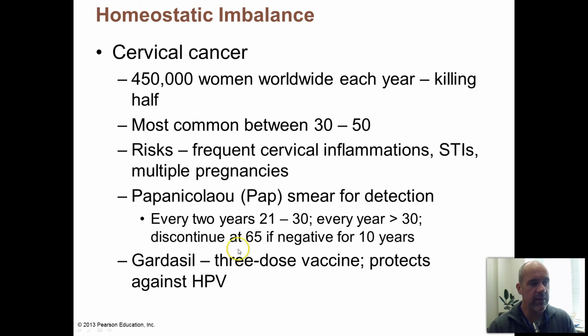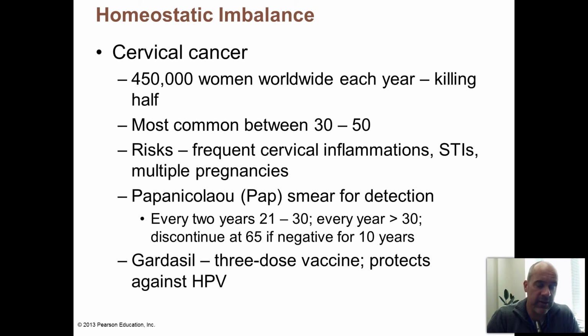And pretty recently, vaccines have become available. Gardasil is one of them that can be used to help prevent infections with HPV. That stands for human papilloma virus. And these cause genital warts. And there are some strains of HPV that down the road can trigger cervical cells to become cancerous and develop into cervical cancers.